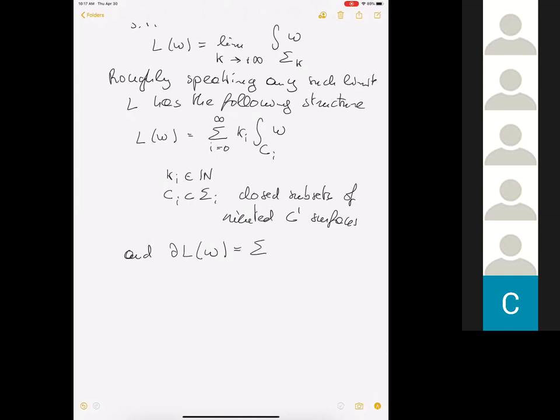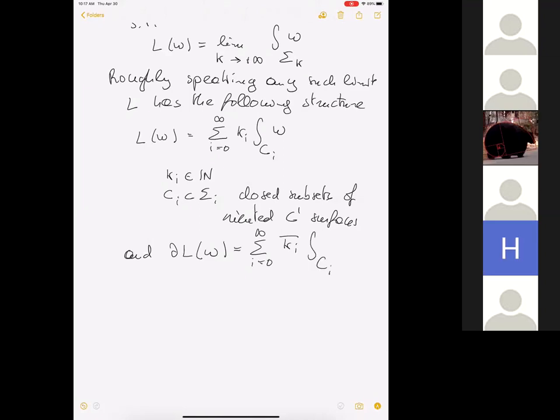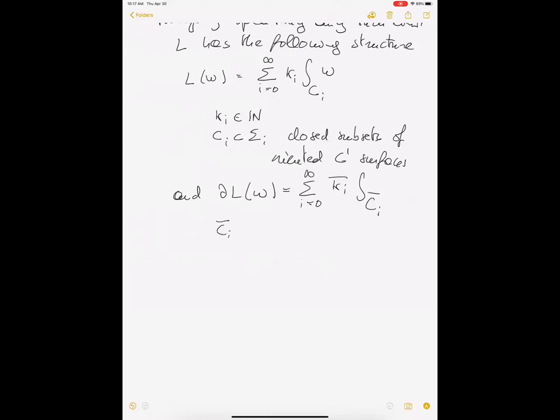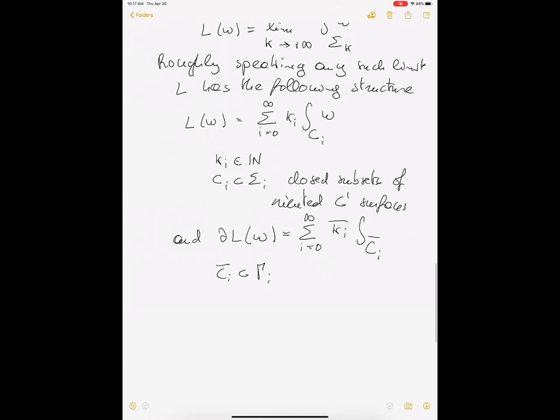So here I will have a sum, then other coefficients, and other closed sets, and now these closed sets will be inside some other gamma_i. And when I pass to the boundary, these C1 oriented surfaces gamma_i will have one dimension less than the C1 surfaces sigma_i.